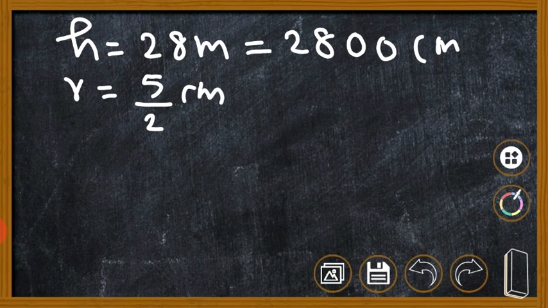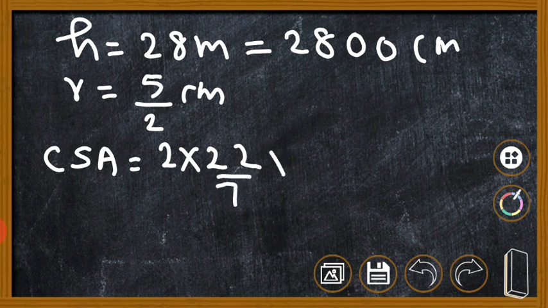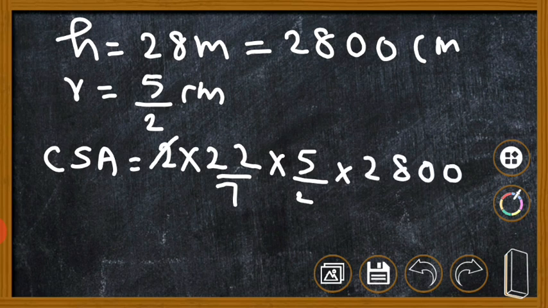Again, you have to calculate the total radiating surface, meaning you have to calculate CSA. CSA, what is the formula? 2 pi RH, 2 into 22 by 7 into radius 5 by 2 into H. Okay, this 2 we can cancel. 7 and 2800 we can cancel. What is that? 400.